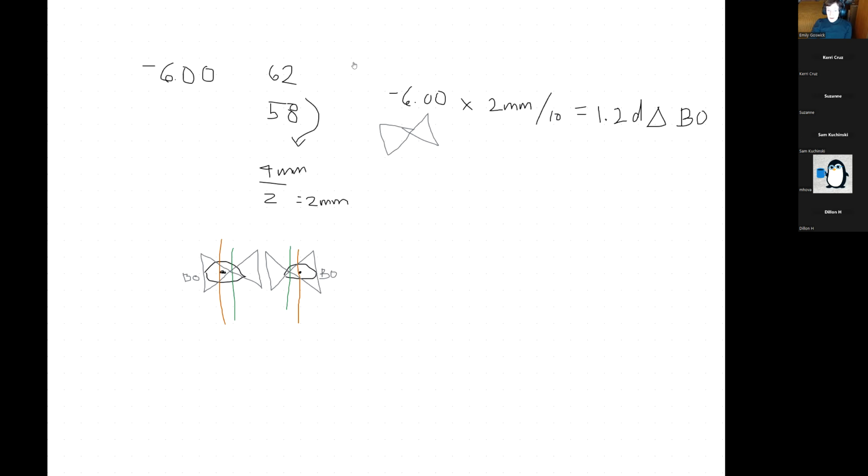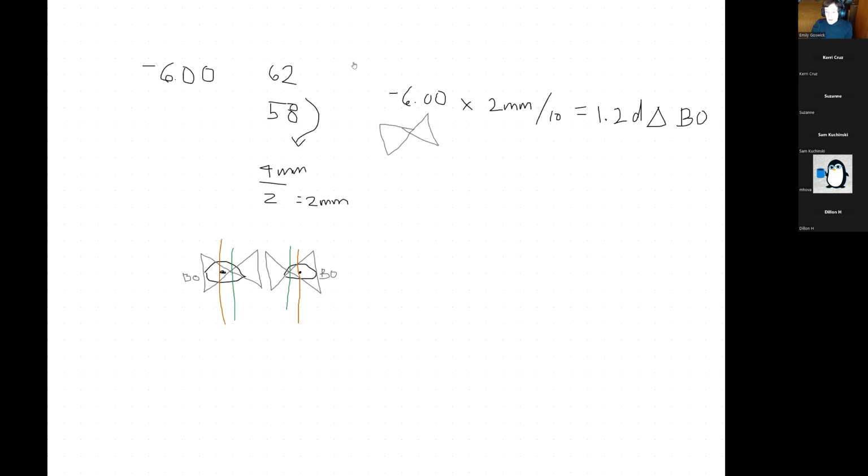That would be for just one eye. So if they were asking you also, what is it going to be, canceling or compounding, or what is the total prism that is induced?